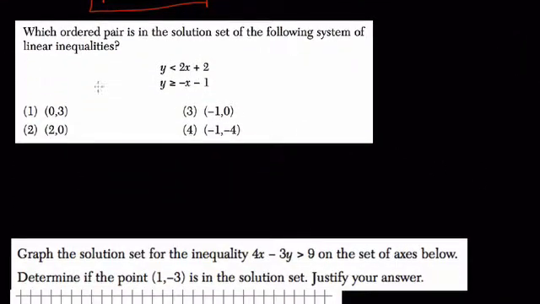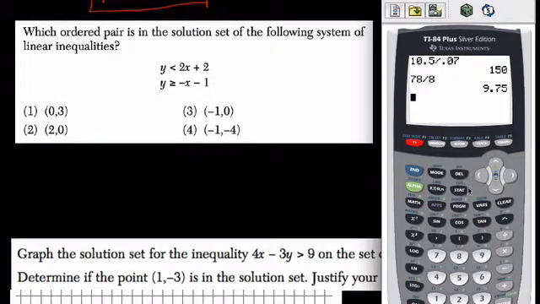All right, which ordered pair is in the solution set? Well, we can graph both, or we can plug these points in to find out. It's really up to you what you want to do, but I think I'll use a calculator. It's just so much faster. So first we have a less than and then a greater than or equal to, which is pretty standard, and I have these set already.